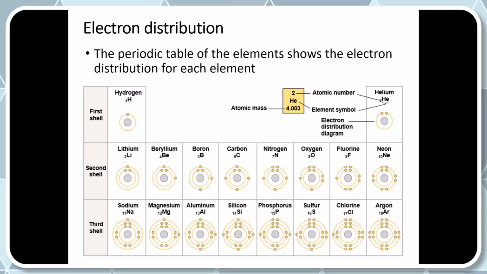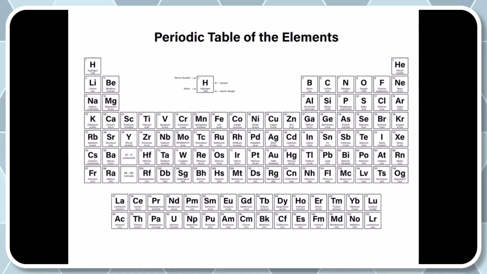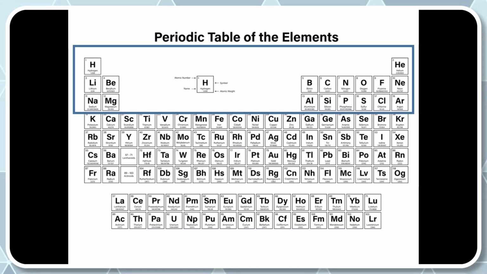The second row has 8 columns, and there's space in that second electron shell for up to 8 electrons. And the third row also has 8 columns, so there's space in that third electron shell for 8 electrons as well. So when we look at the periodic table of elements, in chemistry you're going to go over it in a lot more detail, but this is really all that we're going to focus on in biology for this point in time.